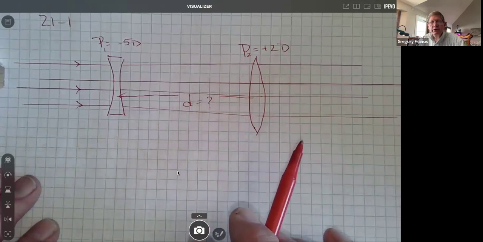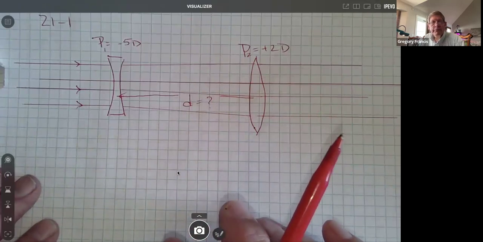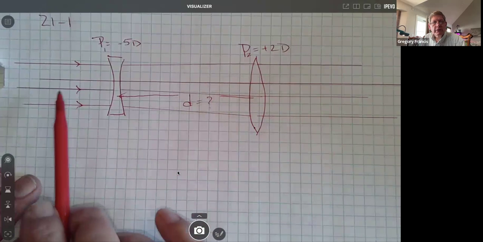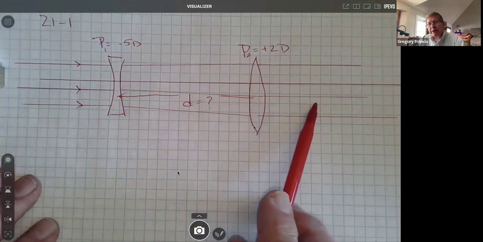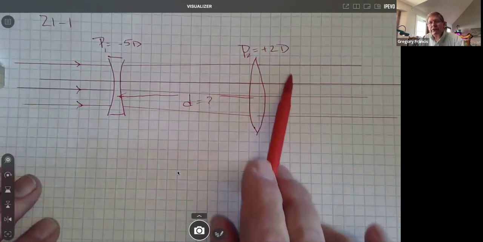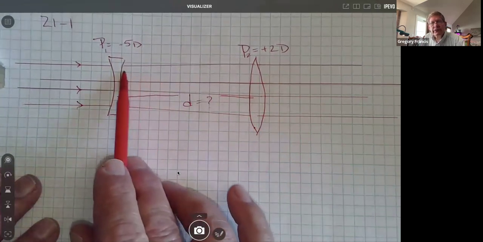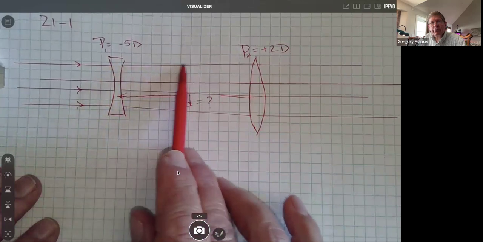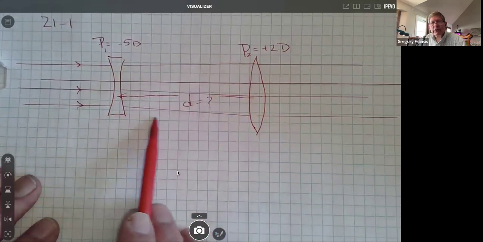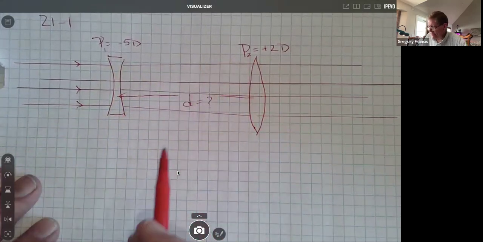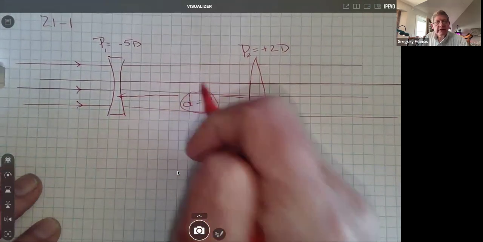And so we're told that this is a beam spreader. We got parallel rays coming in, parallel rays coming out, but now they're spread over a wider area because this lens is spreading them out away from each other. Okay, and we want to find this distance d.